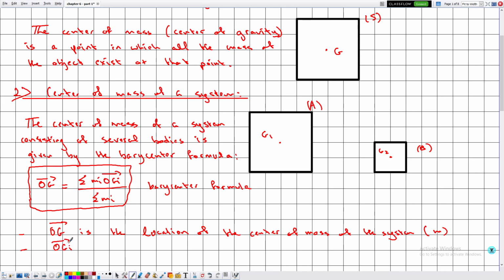OGi is the location of the center of mass of the different bodies that are involved in the system, and it is also expressed in meters.